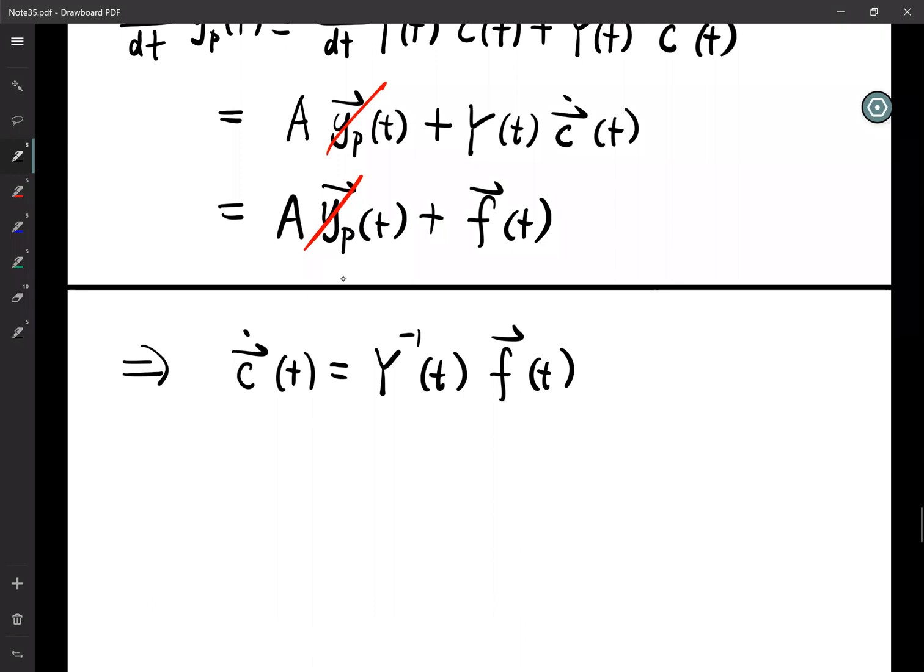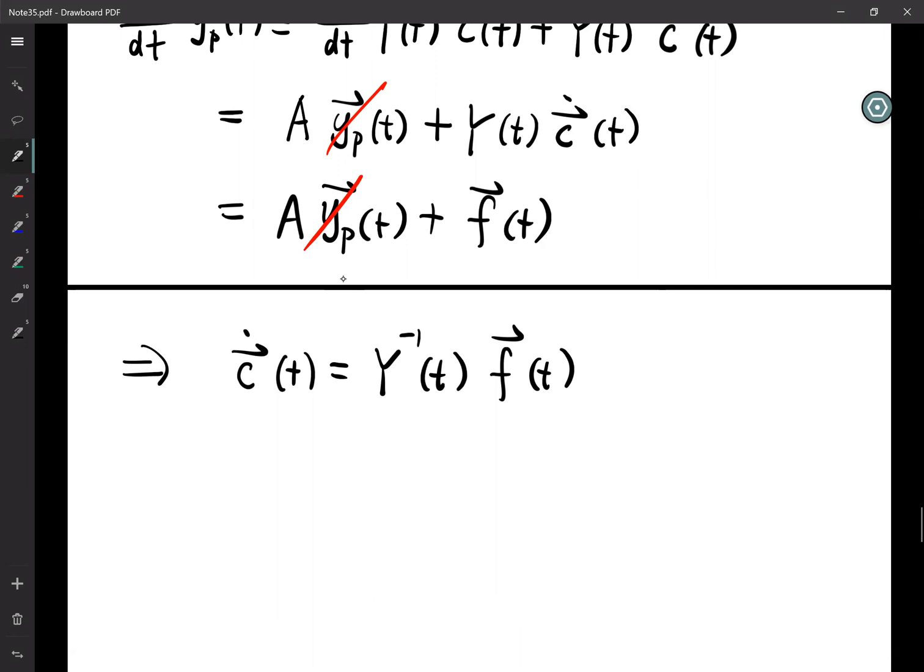But you see, the right-hand side doesn't even involve c. So this one is just c1'(t) equal to some known function called d1, c2'(t) equal to some known function d2, so on and so forth.